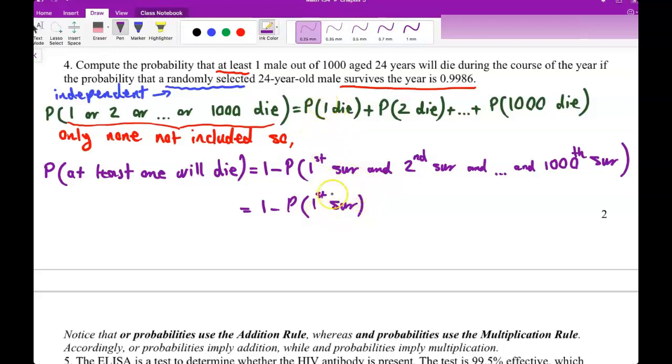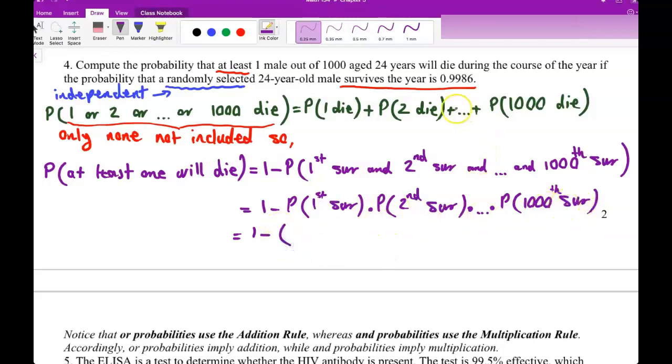probability of first one survive, in between and, so we have multiplication. Multiply. So here we have multiplication, and I can use power instead.